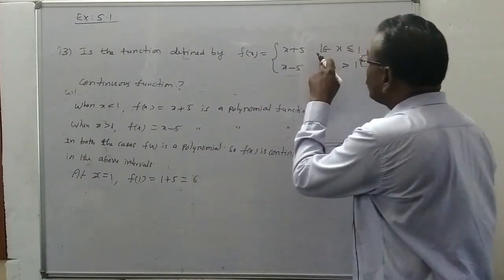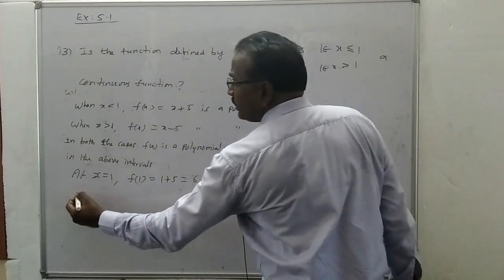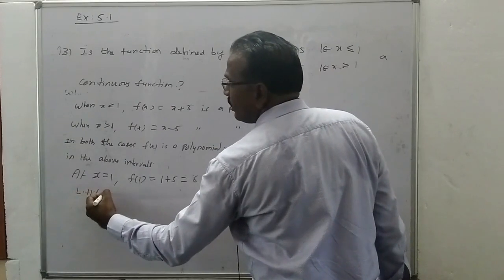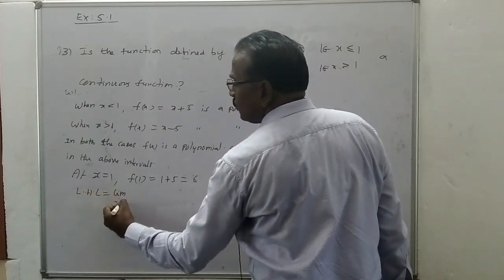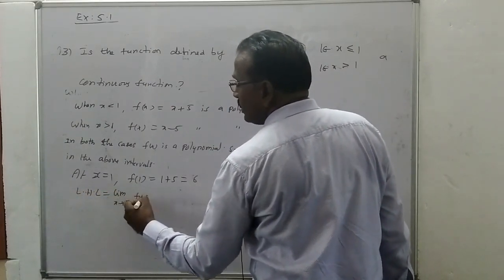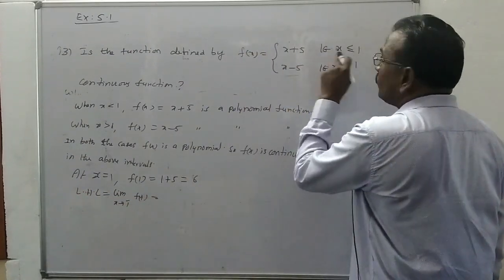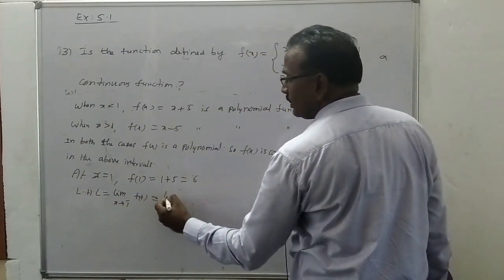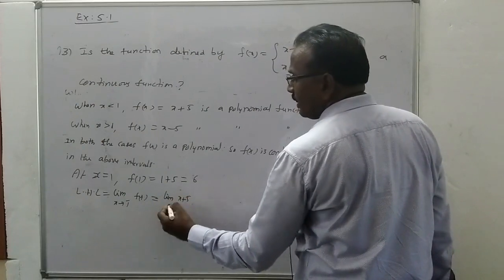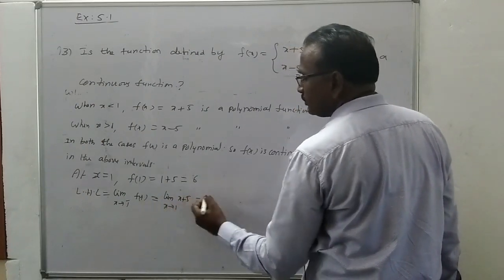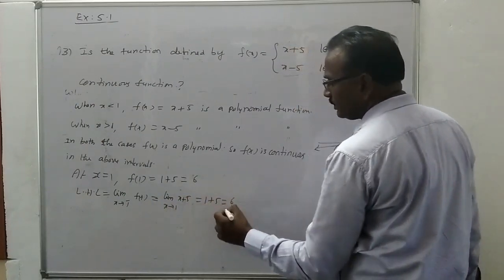Next, since the given function is in piecewise form, find LHL and RHL. Left hand limit is equal to the limit as x tends to 1 minus of f of x. When x is less than 1, the function is x plus pi. So that is the limit of x plus pi as x tends to 1, by the direct substitution method, 1 plus pi.